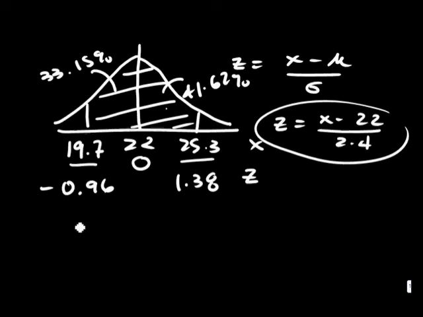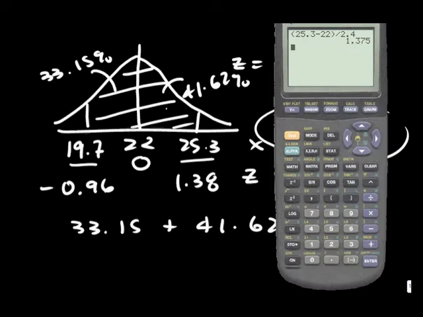So if I take the 33.15% plus 41.62%, and add these, we get 74.77%.